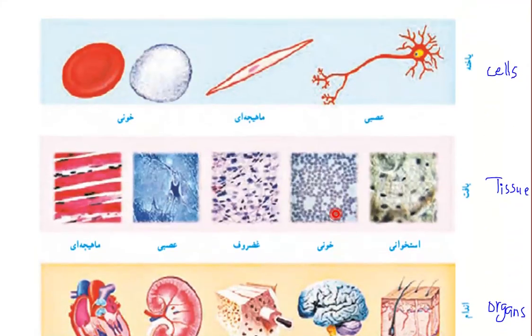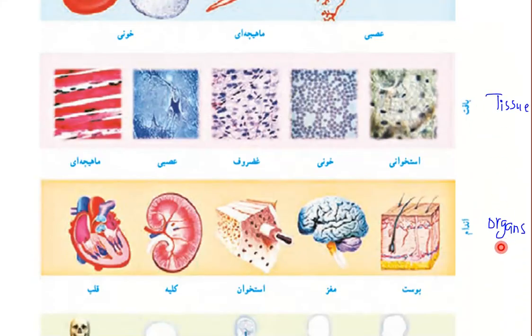Okay, so we see that there are some cells here, blood cells, muscular cells or nervous cells, and then we got some tissues. We've got some tissues here. As stated before, tissues are made of some cells working together. And then we have organs. Organs are made of tissues.